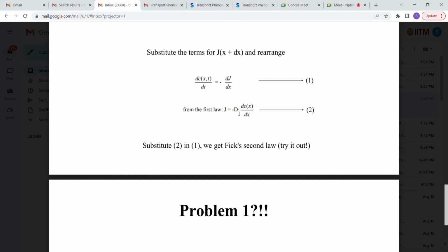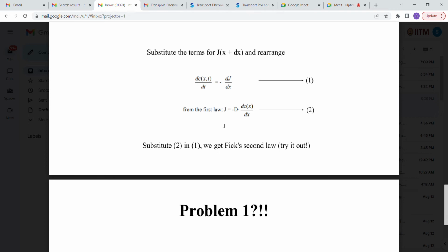Both the negatives cancel, which becomes D into d by dx of dc by dx, which is the second derivative of the concentration at the point x. So that is how we arrive at Fick's second law. Again, for people who have difficulty understanding this, I suggest you substitute 1 and 2 and find it out yourself using a pen and paper.